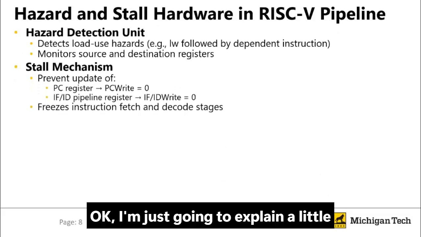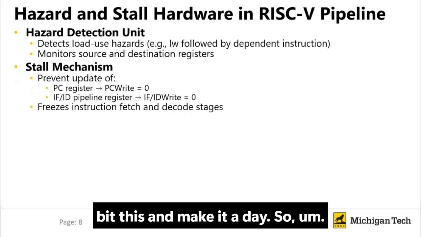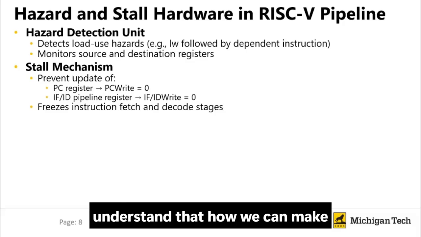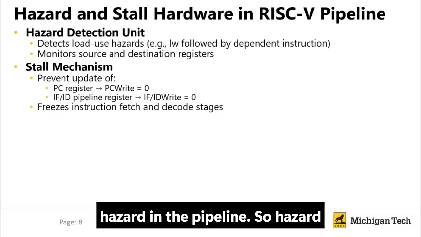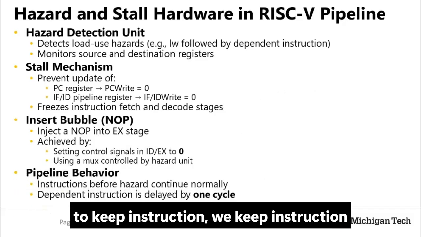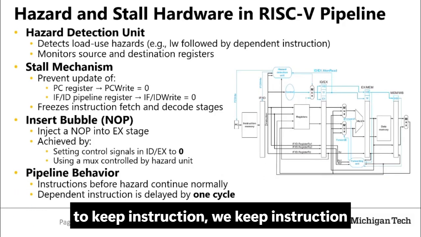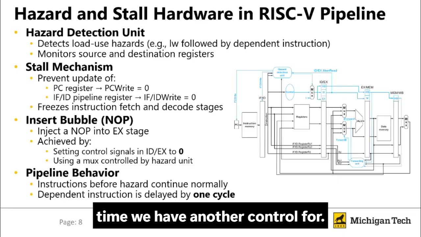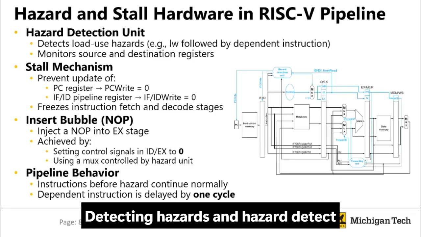Okay, I'm just going to explain a little bit of this and make it a day. So for hazard, we need to understand how we can make hazard in a pipeline. Hazard means we need to keep the instruction, but we are just wasting one time. We have another control for detecting hazard.